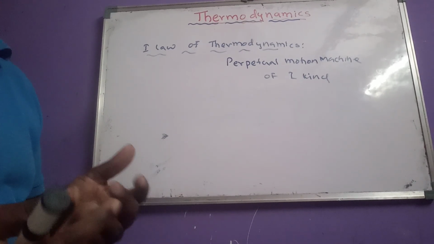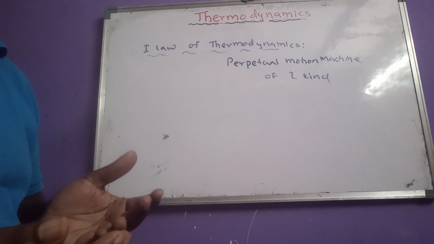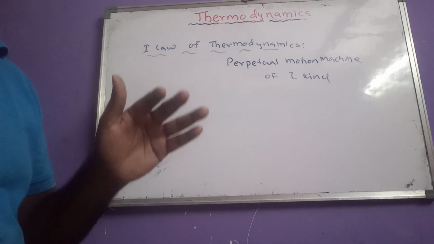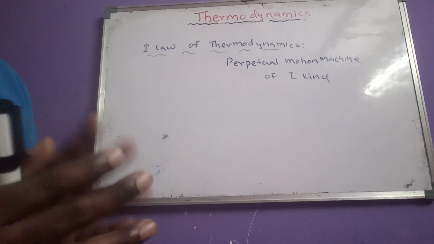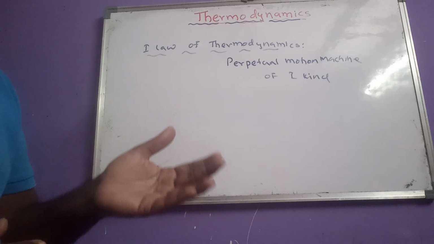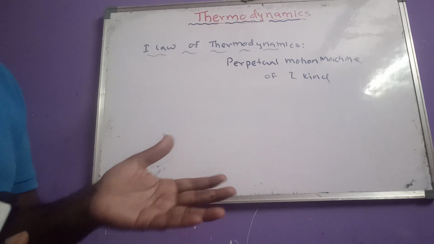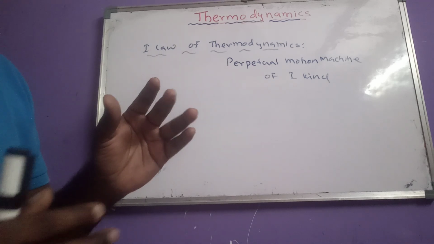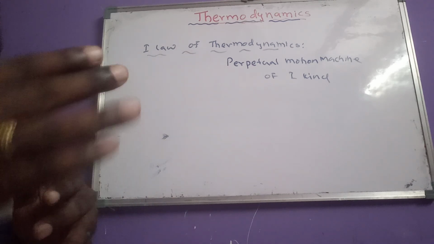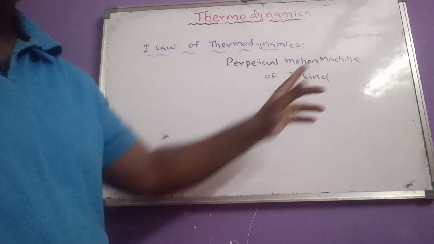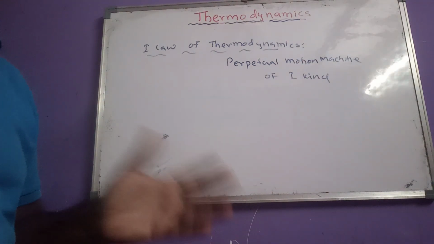For example, any AC or any fan, by consuming electrical energy, will do the work. But without using electrical energy, if any fan or any AC is doing some work, that type of machine is said to be a perpetual motion machine of the first kind.